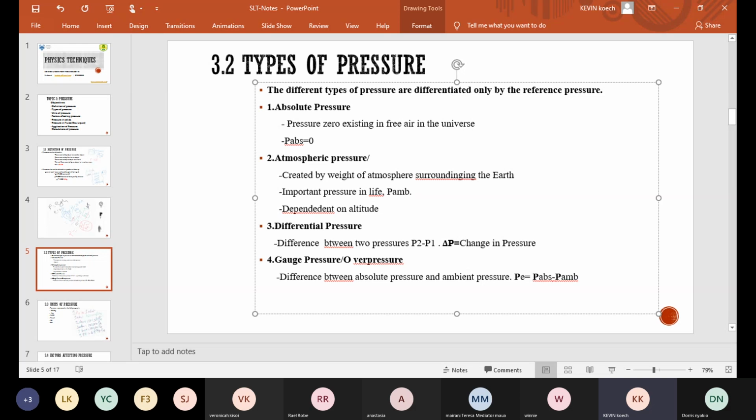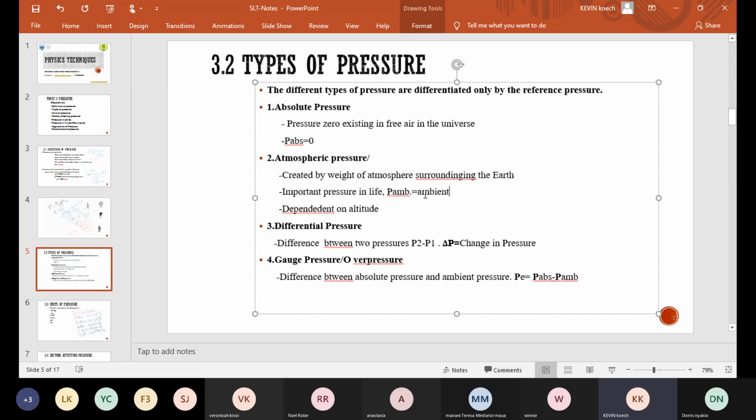The initial for atmospheric pressure is given as ambient, so the pressure AMB. This is pressure ambient.